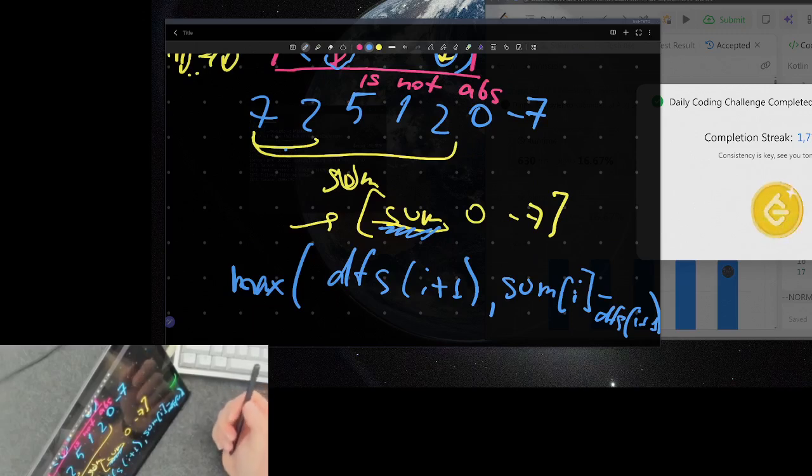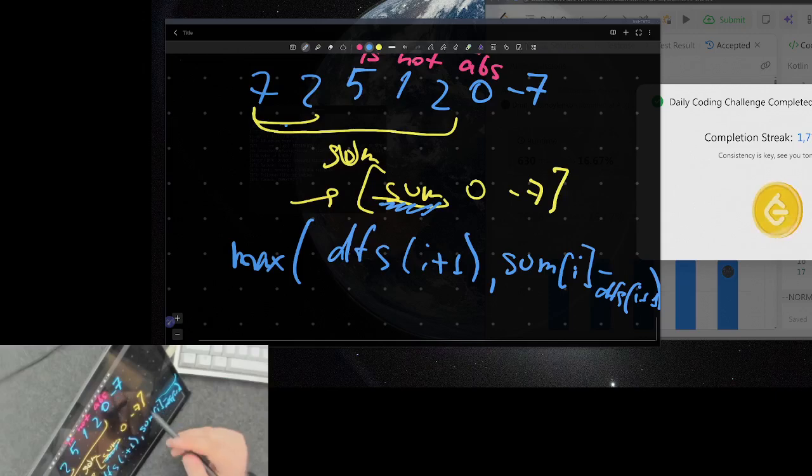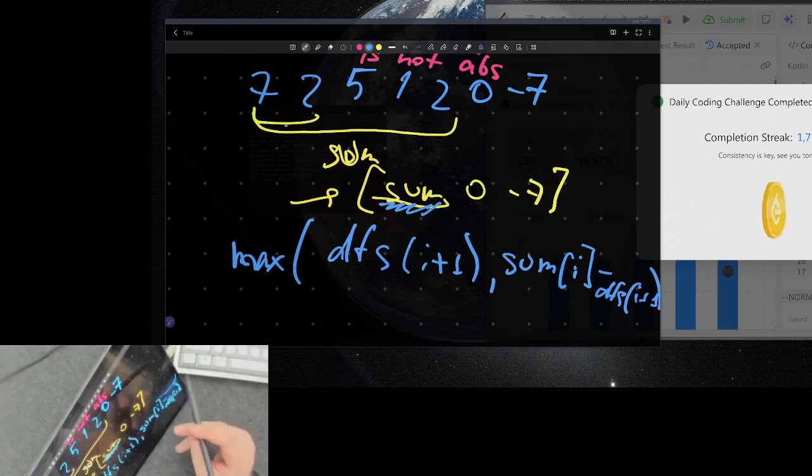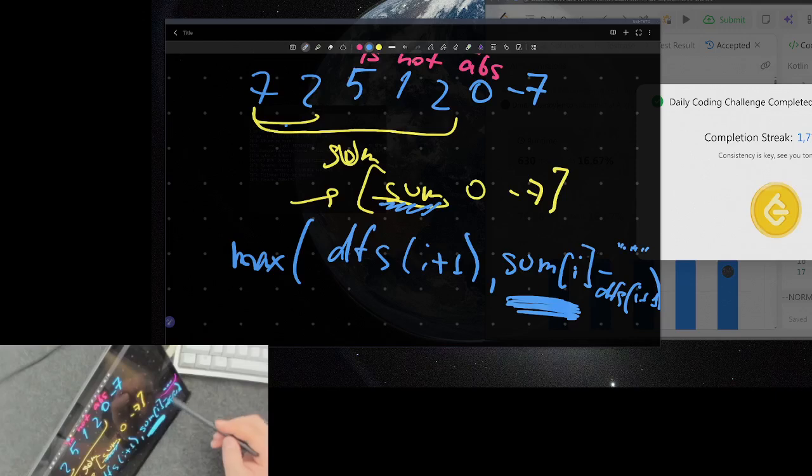So if I take it, if I skip it, this is the entire DFS. Every time I take the entire prefix sum, no exceptions. So this is very easy, and I subtract my opponent's values.